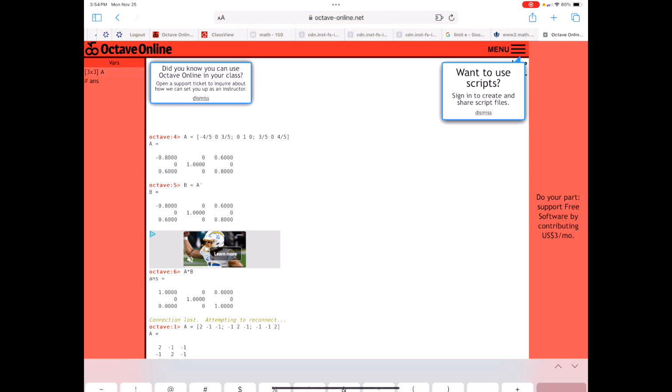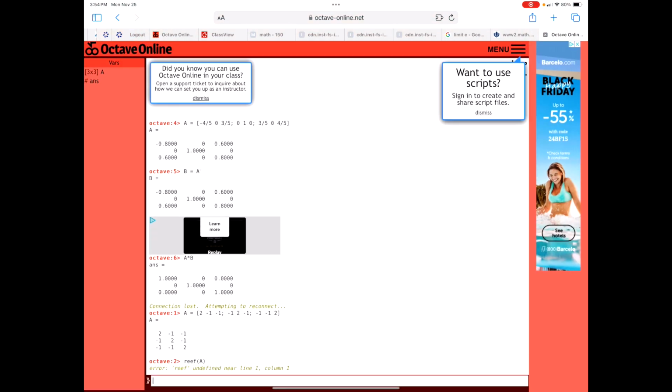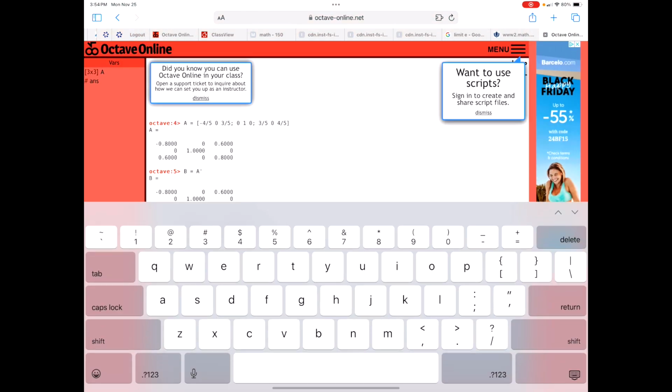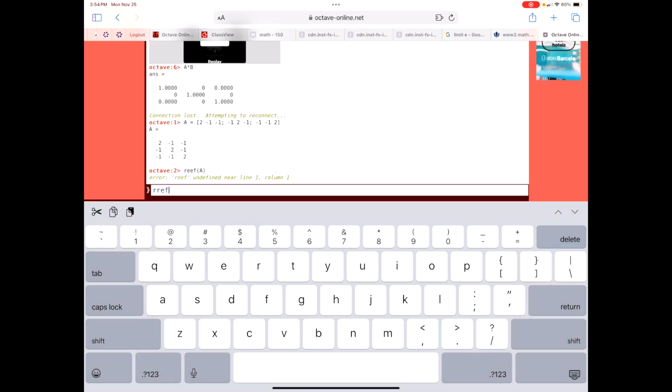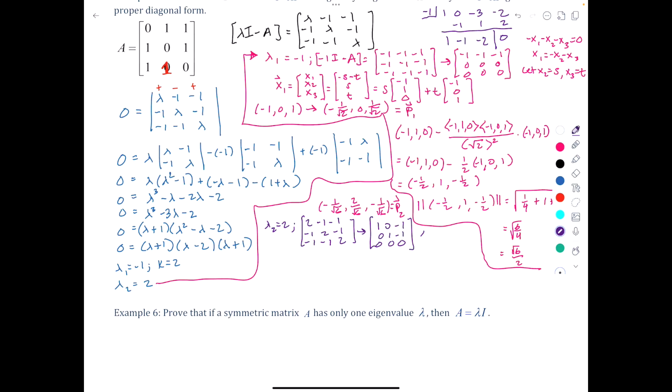Return. And then our REF of A, I think it either auto-corrected me or I'm pretty tired. Our REF of A gives us 1, 0, 1, 0, 1, negative 1, and then all zeros. So that gives us x1 minus x3 is 0, and then x2 minus x3 is 0.